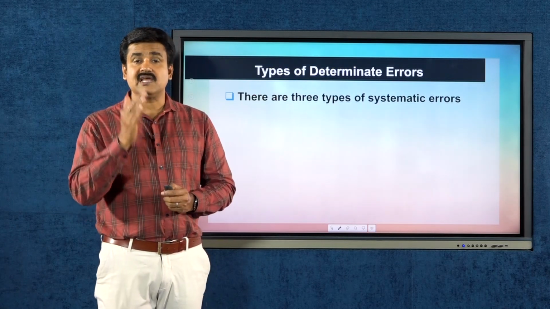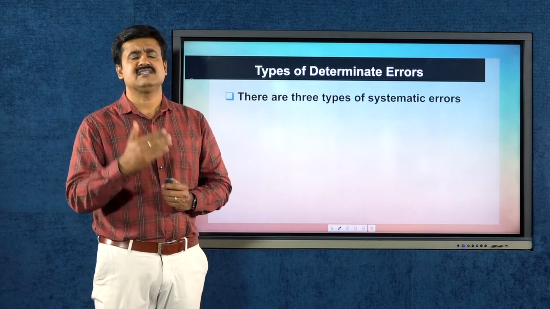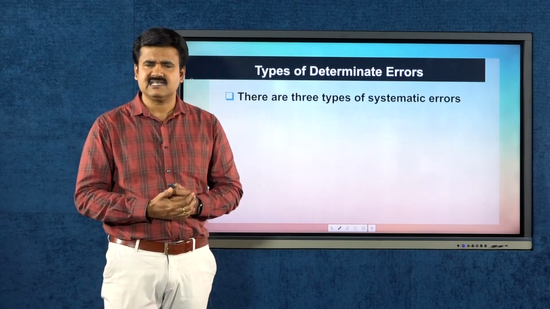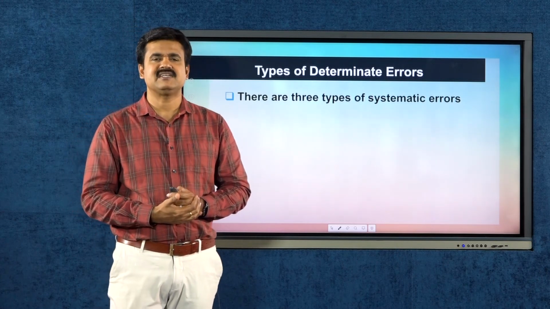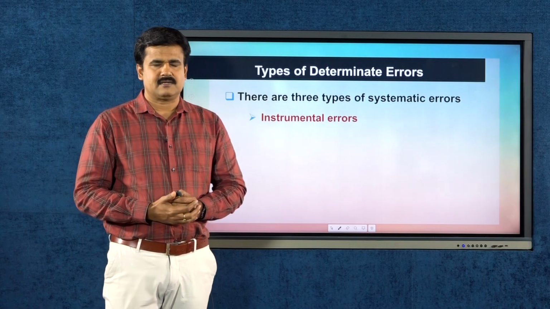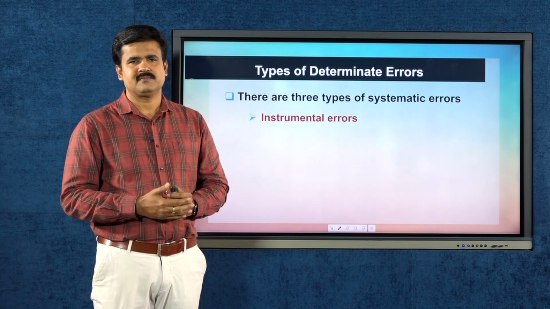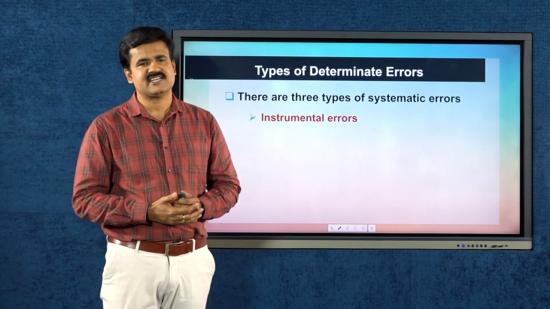Now, types of determinate errors. We have familiarized ourselves with three kinds of determinate errors. We can just recall the various kinds. As you know, the determinate errors are of three types. The first category is instrumental error. Instrumental error is due to the wrong performance of the instrument under consideration.